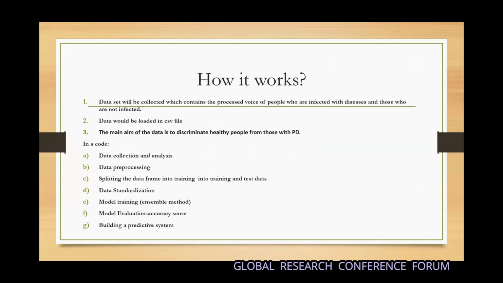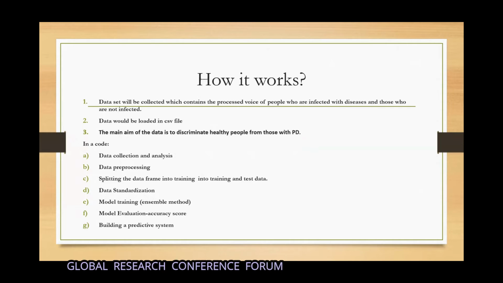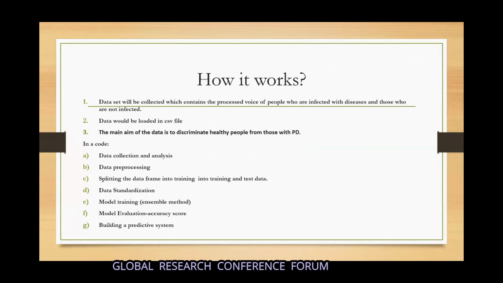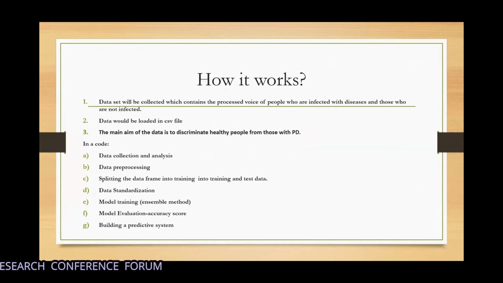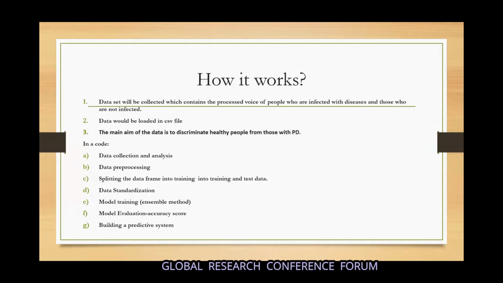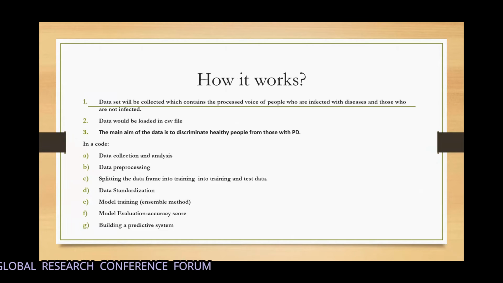That data will be analyzed and pre-processed, and after that the data will be split into a training data set and a test data set. After training the model, the evaluation accuracy score will be developed, and used for building the early detection device.